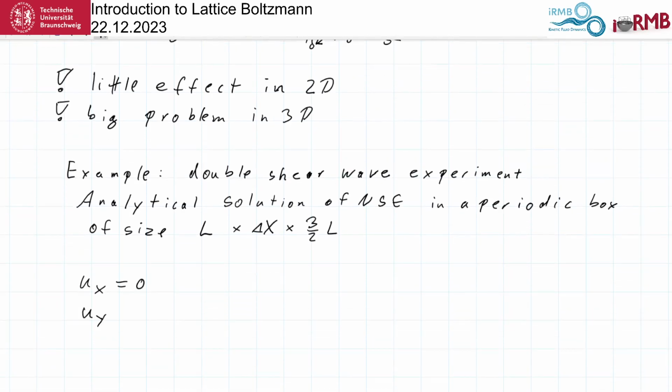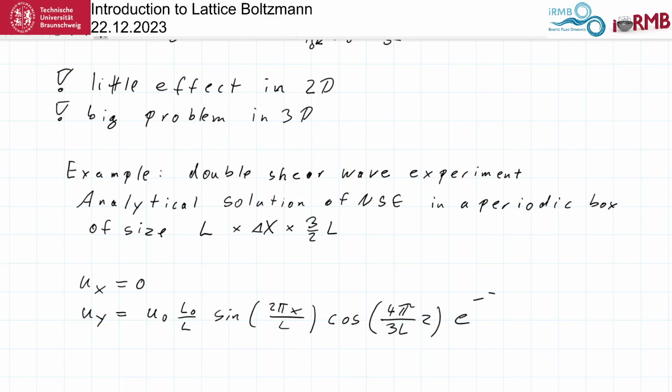Then uy is given as u0 divided by L, sine of 2 pi x divided by L, times cosine of 4 pi divided by 3L, and this times Z, and all of this decays with the viscosity over time, with the rate given by the sum of (2 pi divided by L) squared plus 4/3 of (2 pi divided by L) squared.